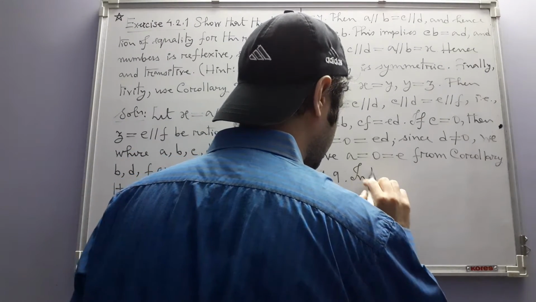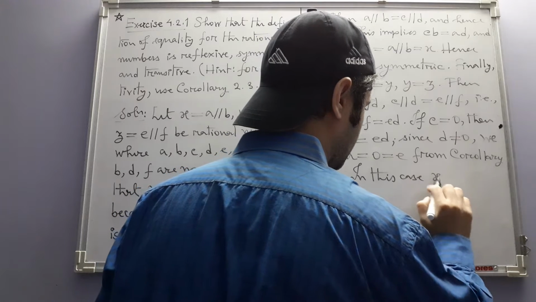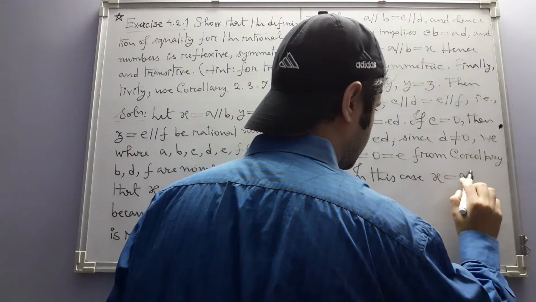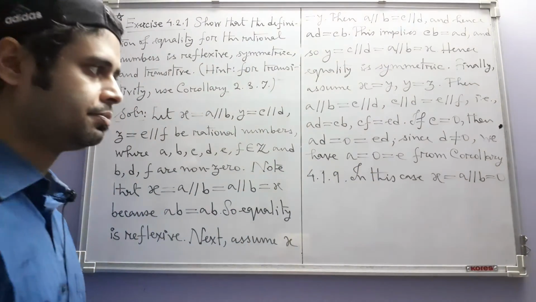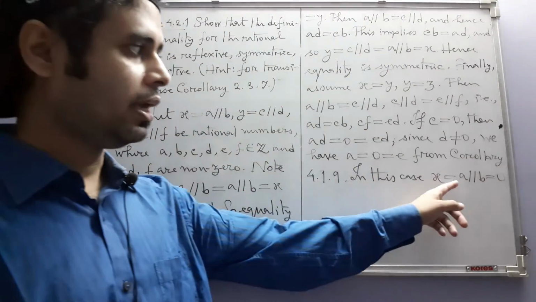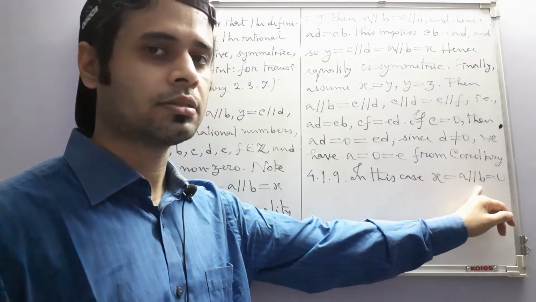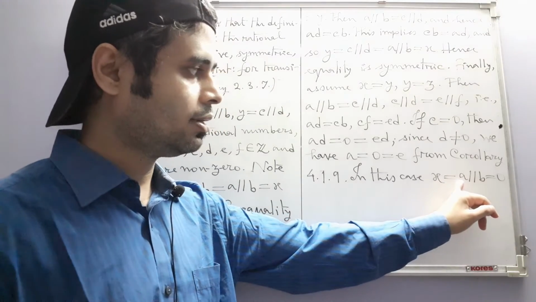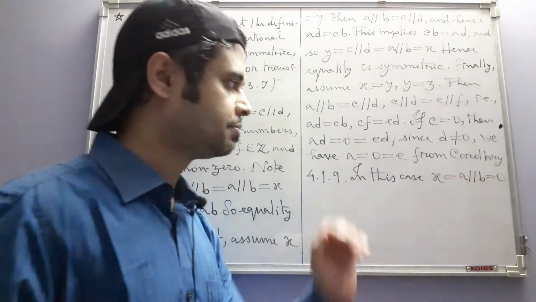So in this case, x is a by b, that is equal to 0, because we have already seen this, that a rational number is 0 if and only if the first component integer is 0.